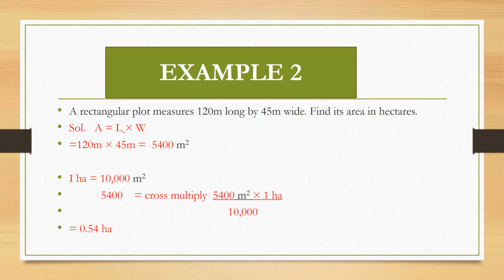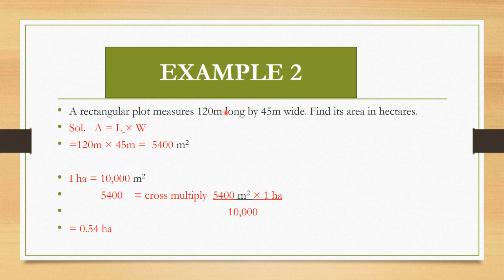But then if you look at our example number 2, a rectangular plot measures 120 meters long by 45 meters wide. Find its area in hectares. So all of us, we know that area of a rectangle is length times width. But our units are in meters.